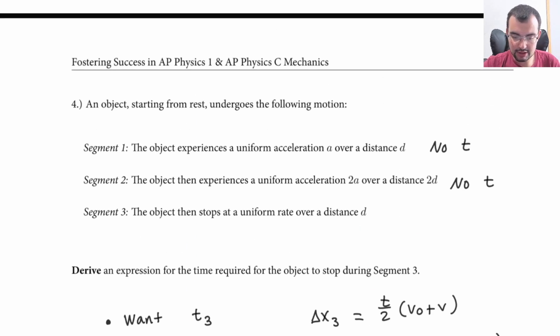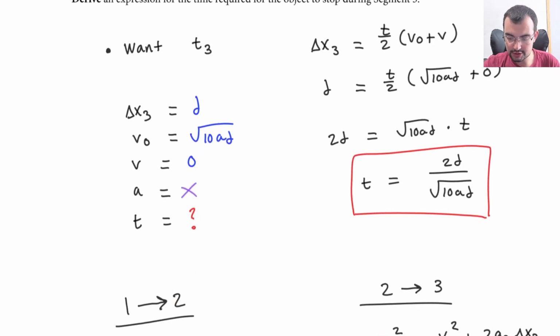Notice the only symbols I was given are a and d, so those are the only symbols that appear in my answer. I think you get some sort of, probably like a 5 something in here. And you'd end up with a d in the numerator, the square root. Let's try it.